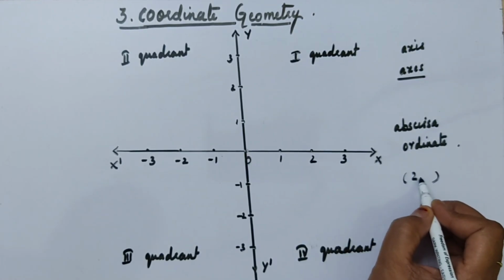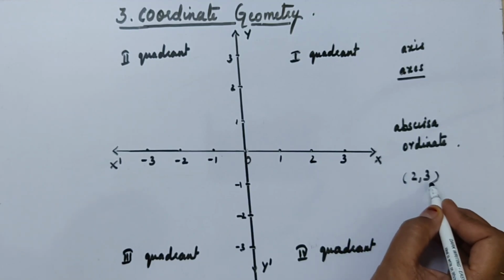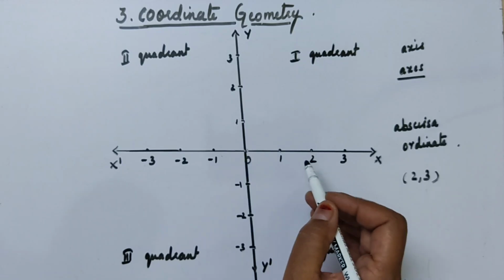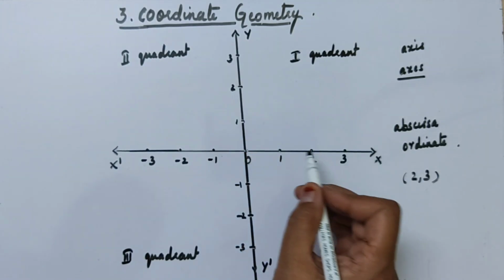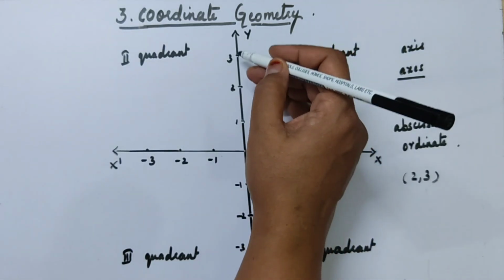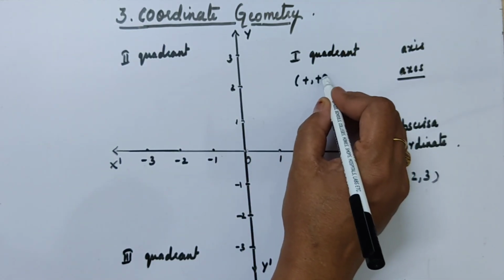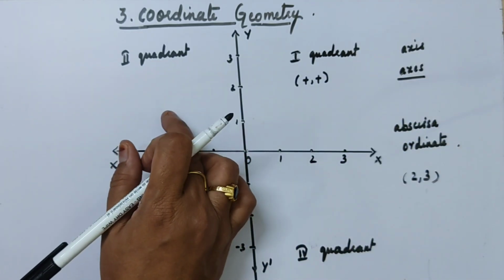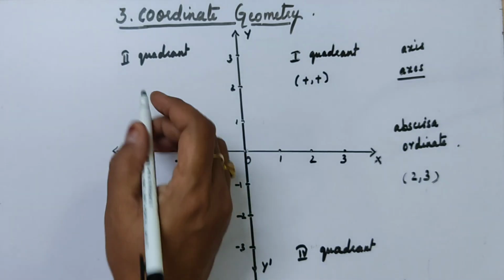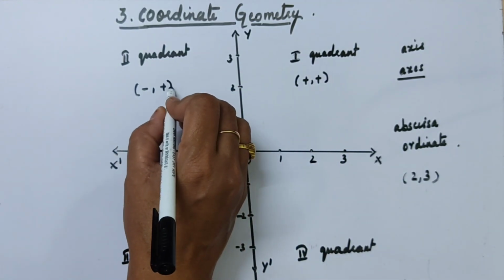Like I just say (2, 3). So x will come first and y will come next. Right. Now see, in this first quadrant you can see that the x values are positive and the y values are also positive. I'll write this as plus plus. Now I'll come to the second quadrant. In this second quadrant, x is negative and y is positive, right?